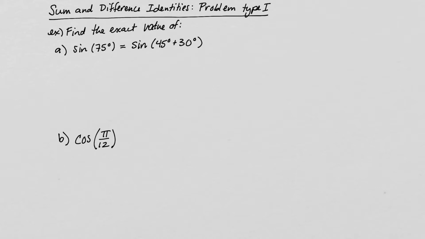So this looks like the identity, the sine of alpha plus beta, and that's actually equal to the sine of alpha cosine of beta plus cosine of alpha sine of beta. If I work that out here, in this case, the 45 degrees is my alpha and the 30 is my beta.